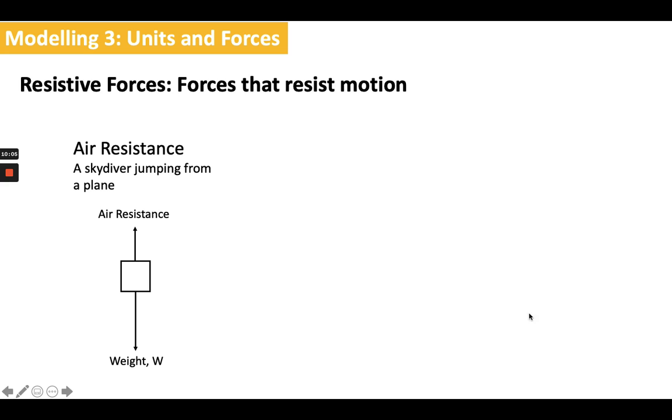If the skydiver, for whatever reason, didn't jump or stopped moving suddenly, the air resistance would disappear. There is no air resistance if you are not moving. So air resistance is a result of motion. We're not going to talk about air resistance unless we have some motion through air.